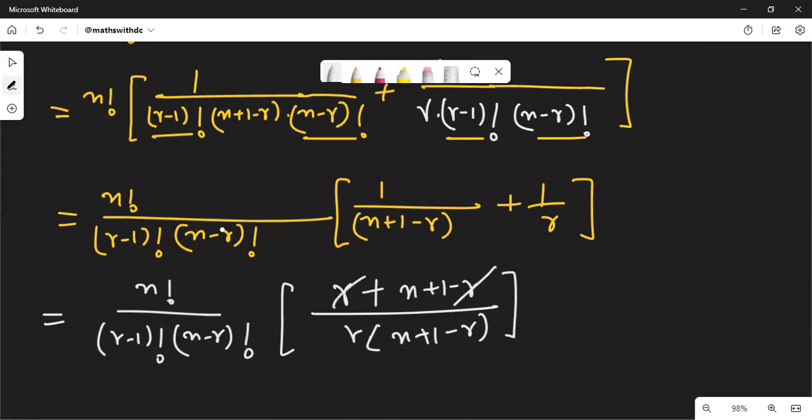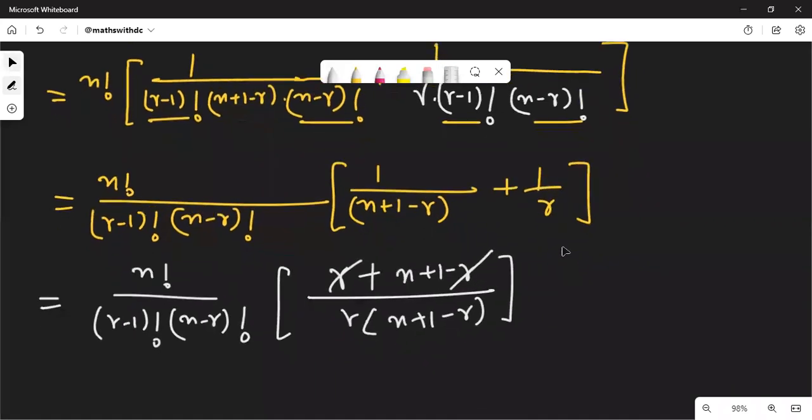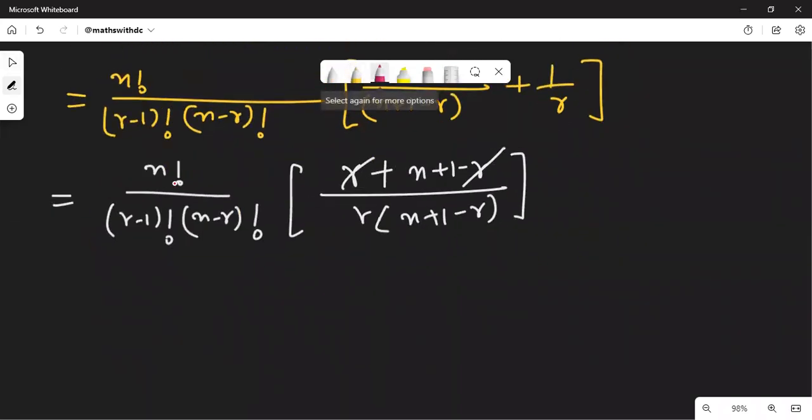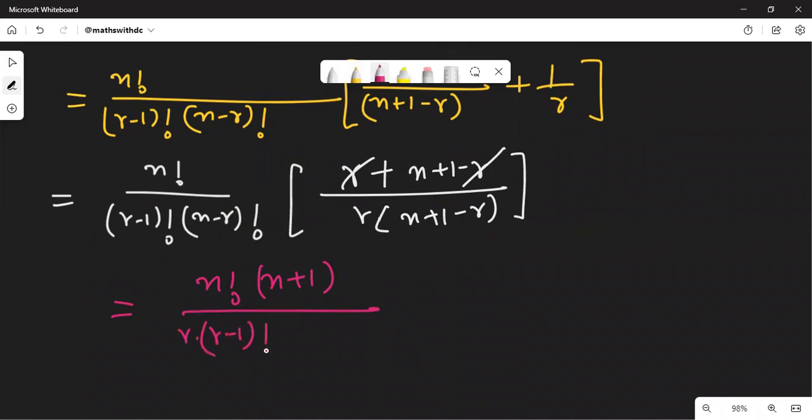This r and r should get cancelled. So we are getting n factorial times (n plus 1) as the numerator, and the denominator r times (r minus 1) factorial.